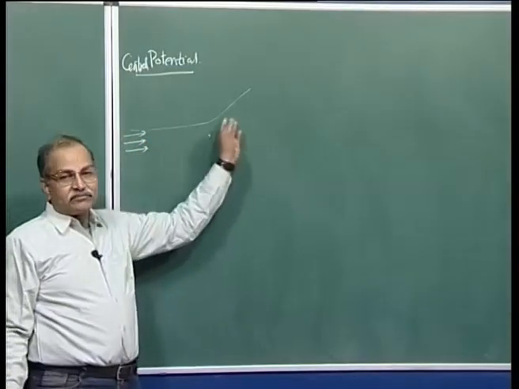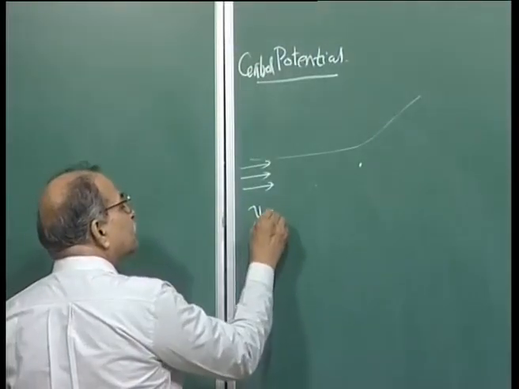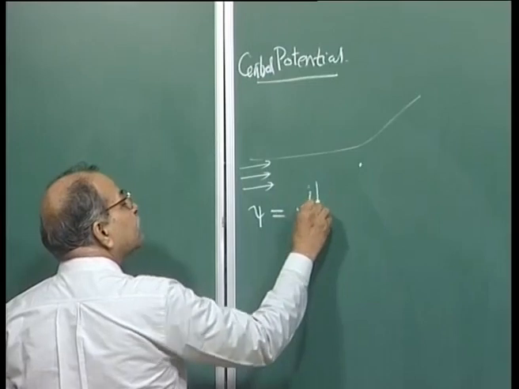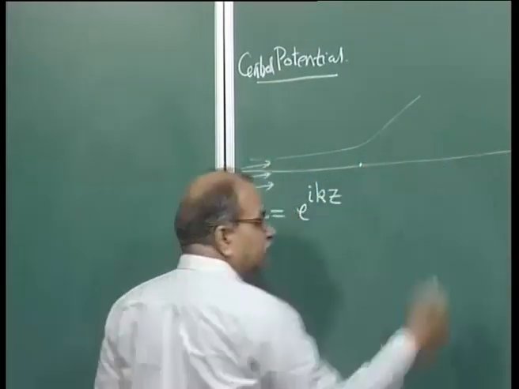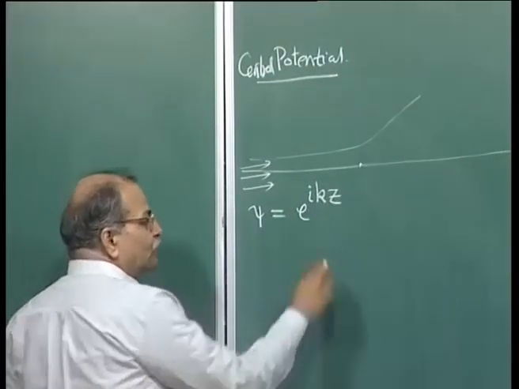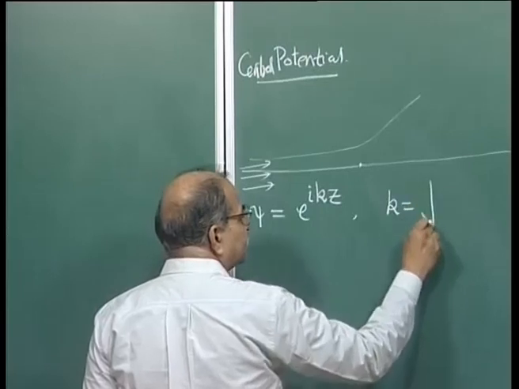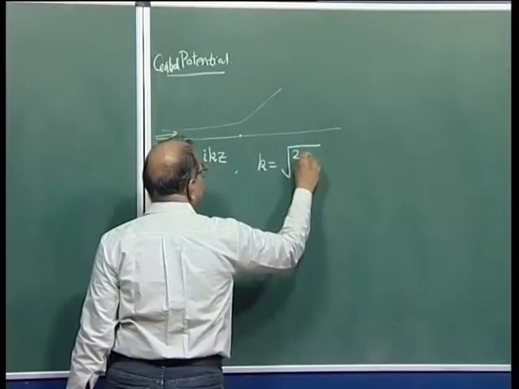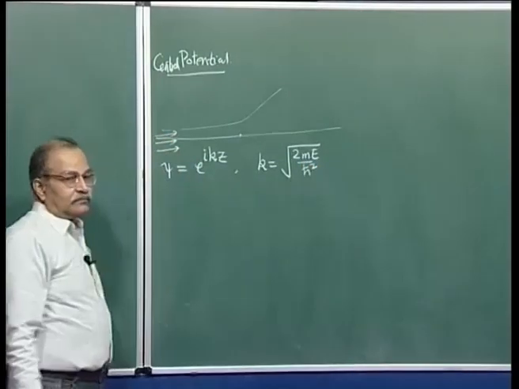be no scattering, the beam will just go, and then the wave function will be like e to the power i k z. Z is the direction of the beam, and what is k? Right.